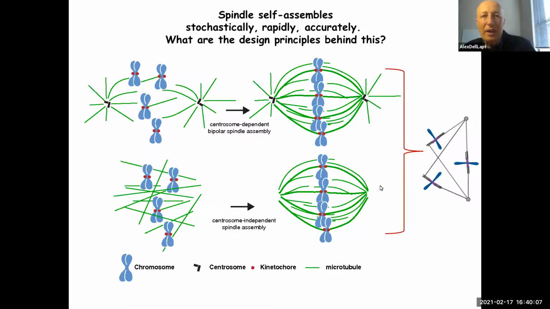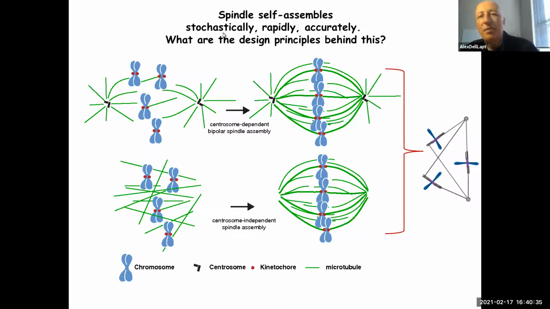Now, I wanted also to mention that there are interesting features that people thought are associated with this assembly of the spindle. Actually, four features. One is the spindle self-assembles, not just assembles. So there's no central brain in the cell that tells the cell, okay, assemble this spindle there. Somehow it just self-assembles from these parts that are floating around in the cytoplasm.